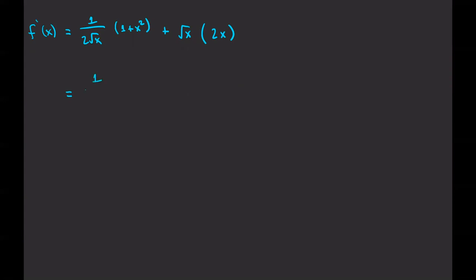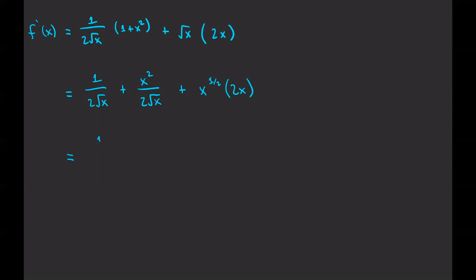So I'm going to have a 1 over 2 root x plus x squared over 2 root x. So just some expanding out there. And then what I'm going to notice here is that I have a square root of x multiplied by 2x. So this is going to be x to the 1/2 multiplied by 2x.